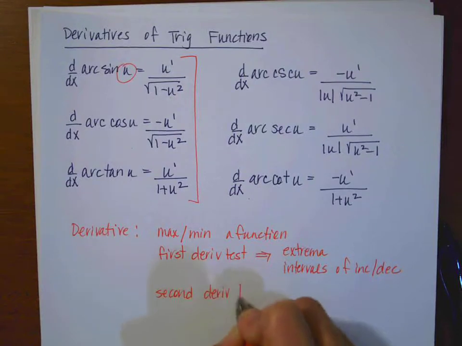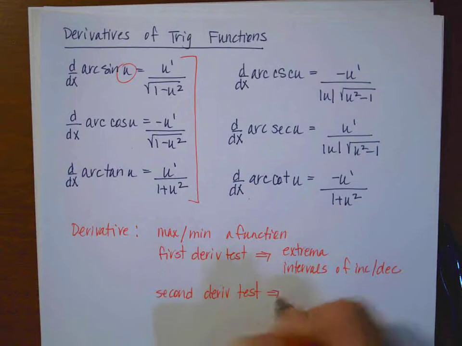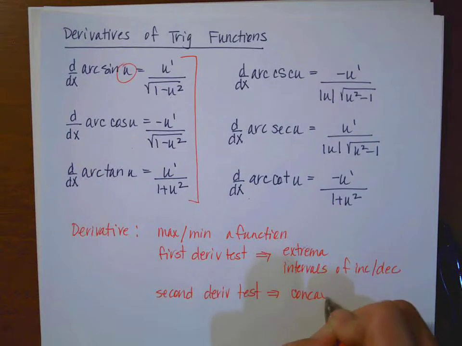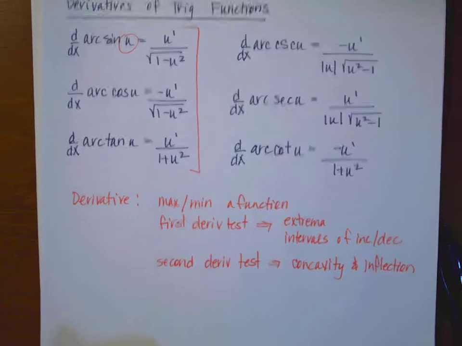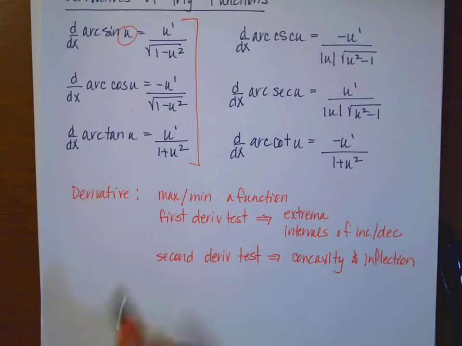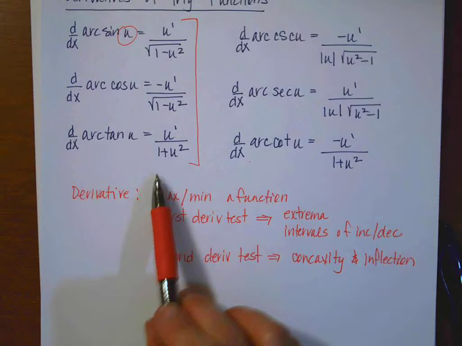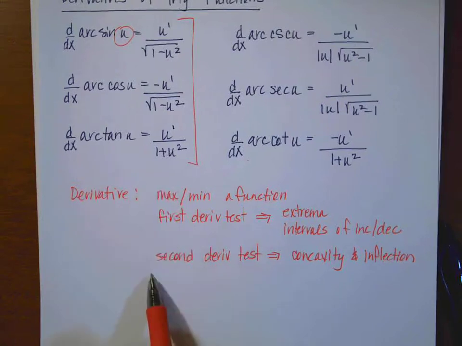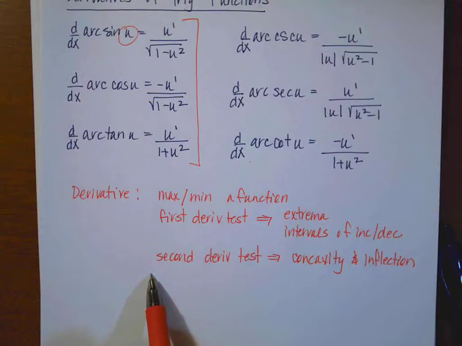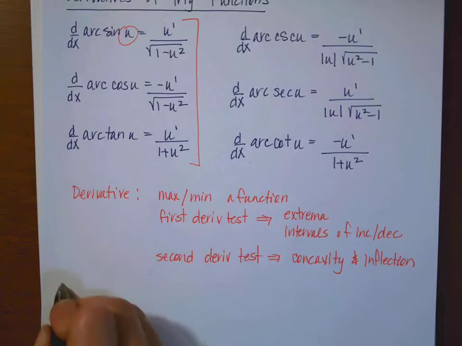I could also do my second derivative test, and remember that that's going to show me my concavity, or my intervals of concavity, and my inflection points. So because we know how to do a derivative, that also means that we know how to use that derivative in any of these 3 different applications. So the assumption is, since you know how to do derivatives, you also know how to do these 3 things.